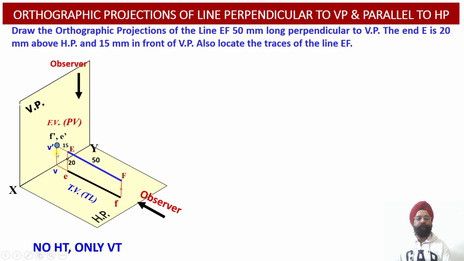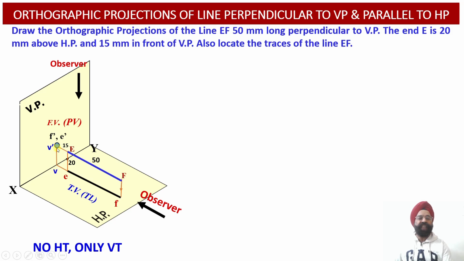Once we draw this perpendicular projector downwards onto the XY reference line, we obtain the intersection as point V, because this point V exists on the extension of the plan projection EF. That is why the name of this point will be small v.